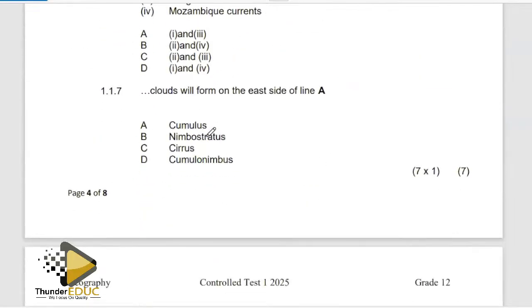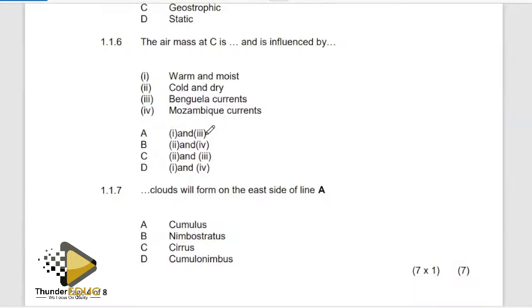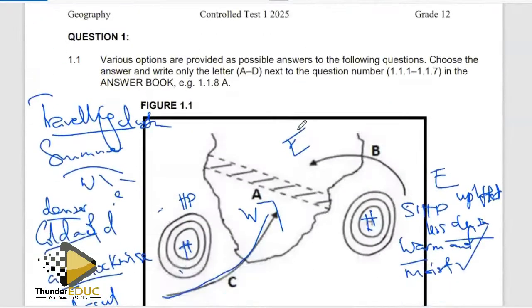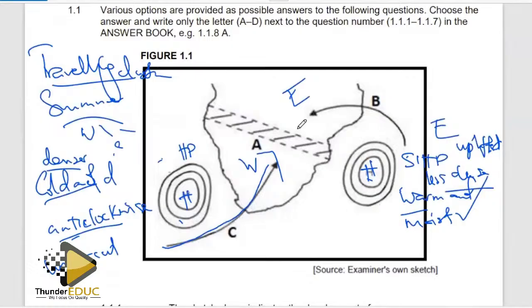We are on item number 16. It's cold and dry because of the conditions of the Benguela current and is influenced by the Benguela current. The air movement which happens over the South Atlantic high pressure cell is influenced by the movement of the water, which is also partly influenced by the air.